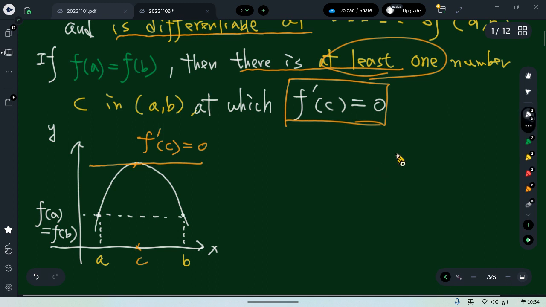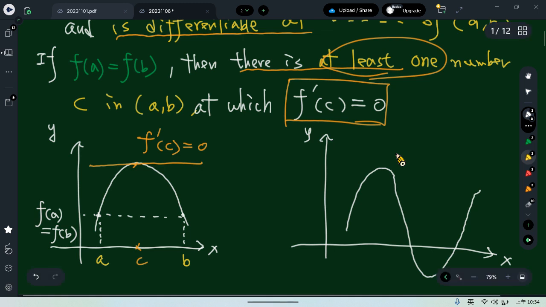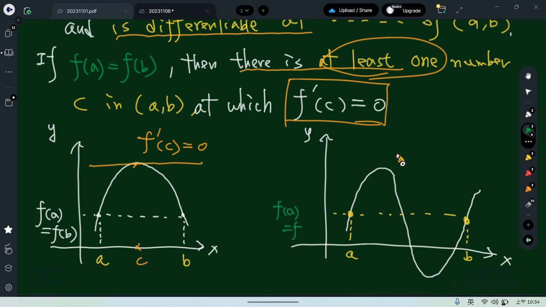But in another case, maybe it will be just like this one. From A, climb down and climb up. We also can find there are 2 points, A here, B here. In this case, they also have the same value. f of A is equal to f of B, right?